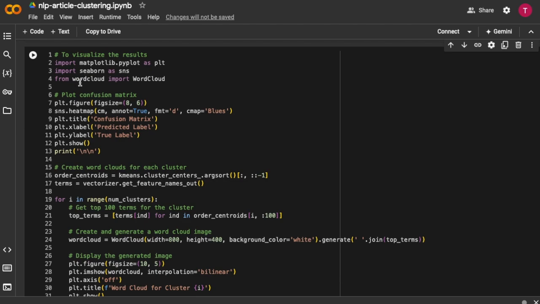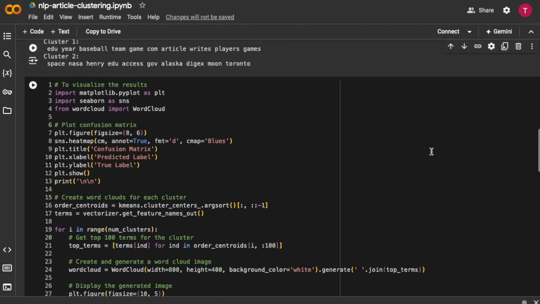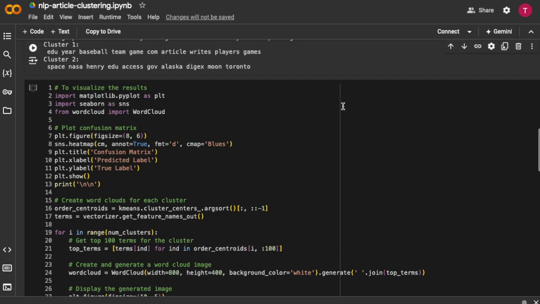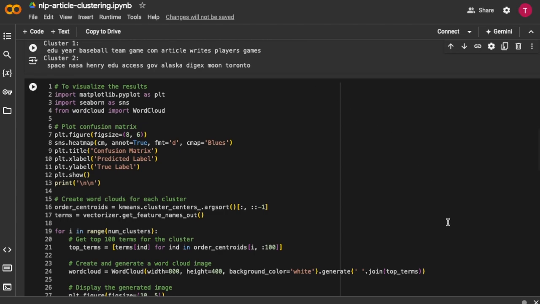I use Seaborn to create my confusion matrix, and word cloud because I want to create some word clouds because I think it's a nice way to visualize the top terms in the clusters.